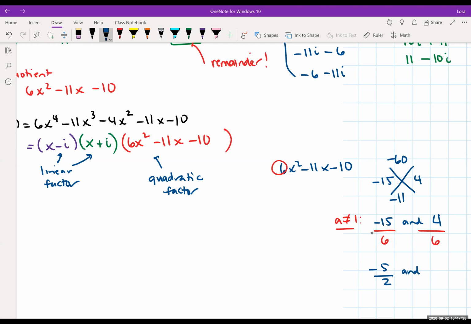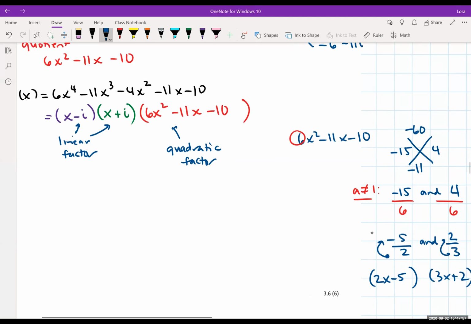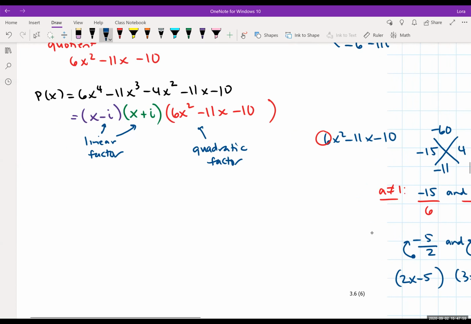And 4 over 6, divide out common factors, we should get a positive 2 thirds. Now using the bottoms up technique, I have my corresponding binomial factors. So I should have 2x minus 5, and same thing, 3x plus 2.